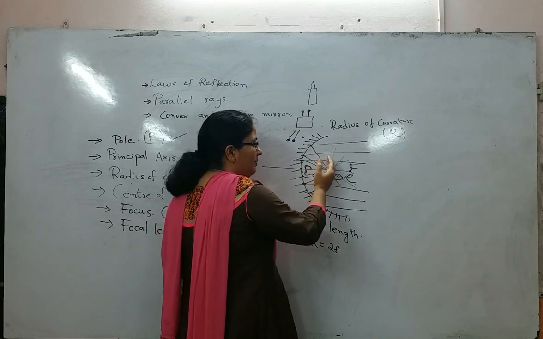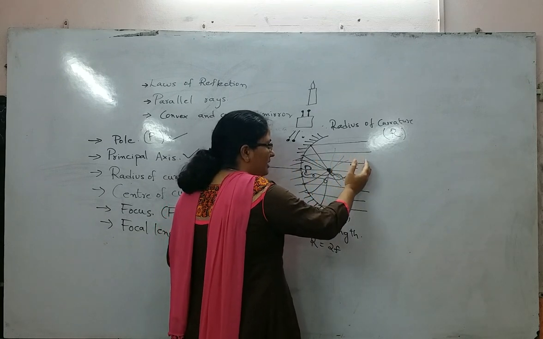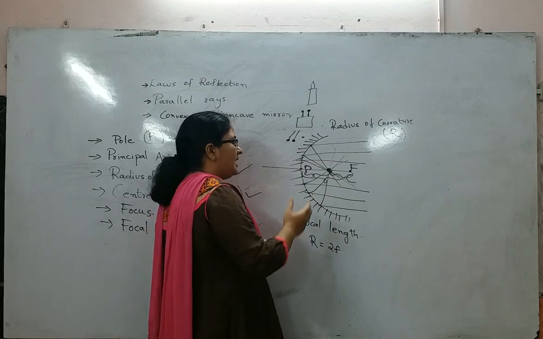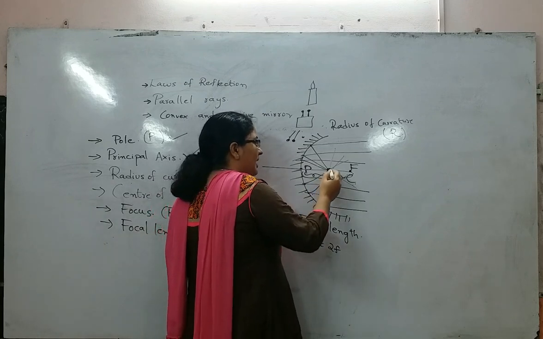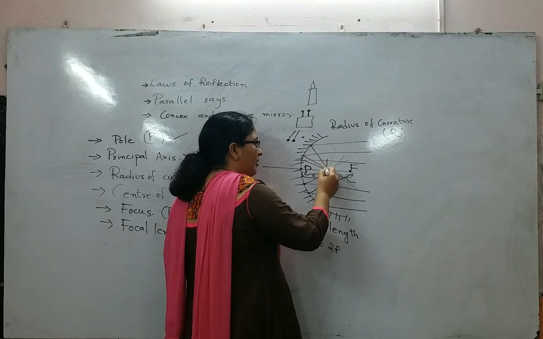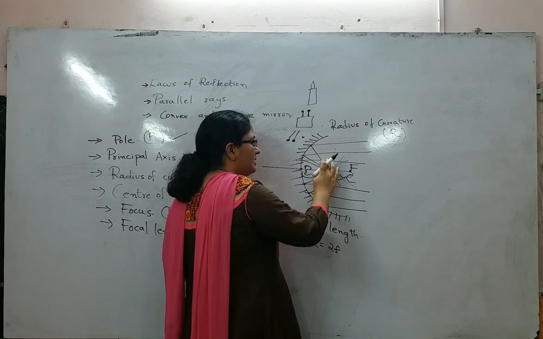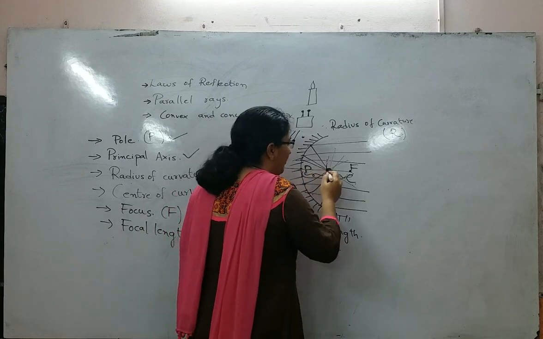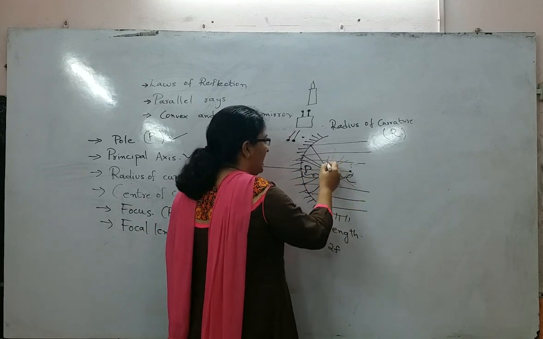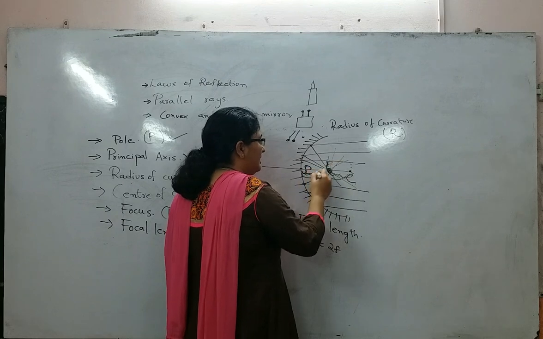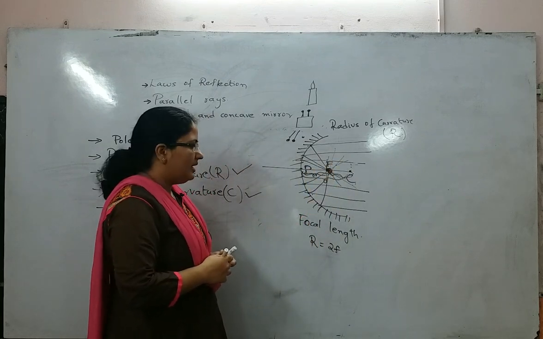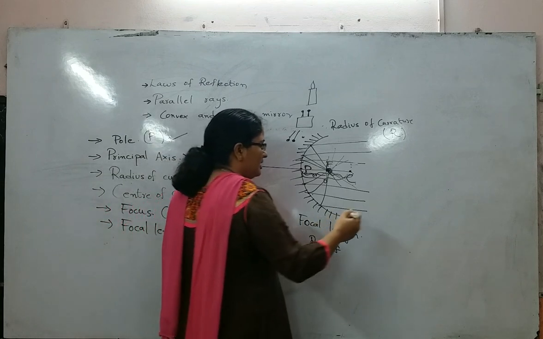If you take the paper away from focus, you will get an enlarged image. Exactly, you will get a clear bright image at the point of focus. Now, the distance between P and F is called the focal length. It is denoted by small f.